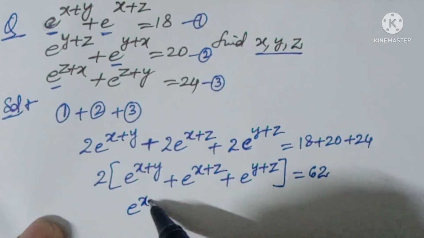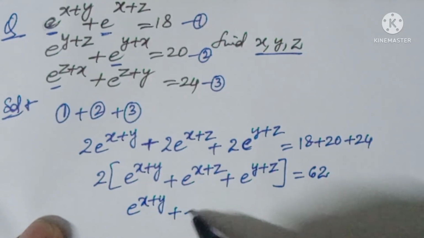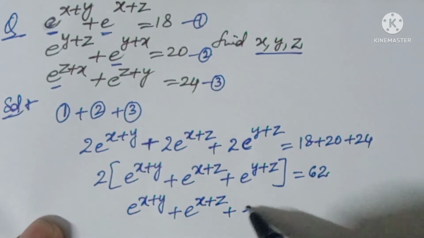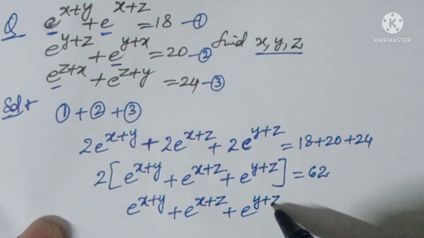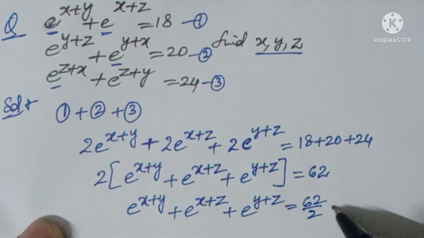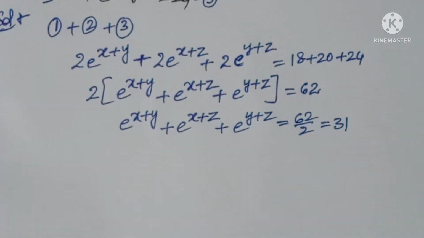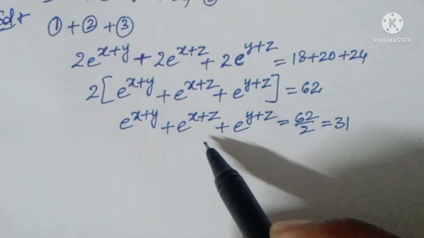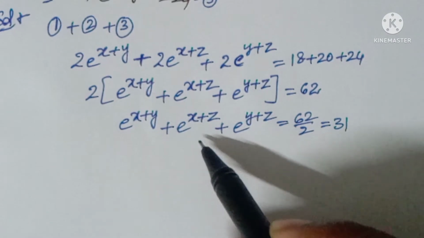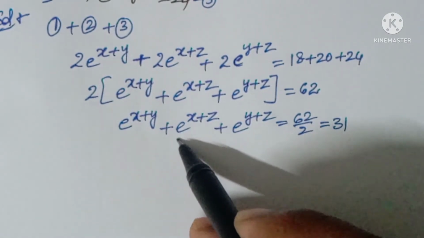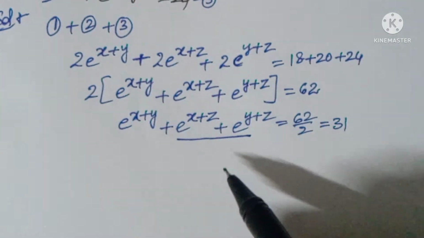So e to the power of x plus y plus e to the power of x plus z plus e to the power of y plus z is equal to 62 by 2, that is equal to 31. Now I want the individual values of e to the power of x plus y, e to the power of x plus z and e to the power of y plus z.